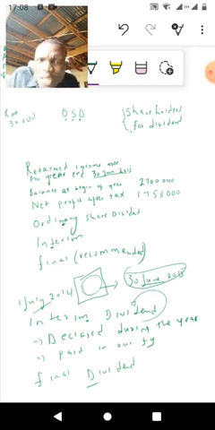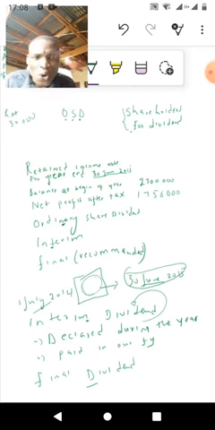Not during, sorry for that, it is declared at the end of the financial year. So if our financial year ends in December, the final dividend will be declared in December. So in this case, final dividend will be declared on 30 June 2015 at the end of the year.